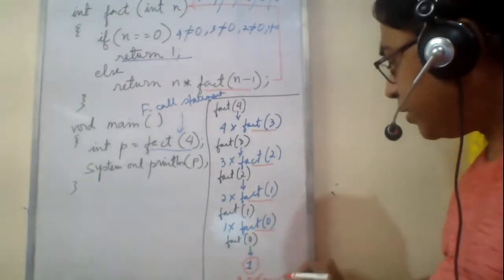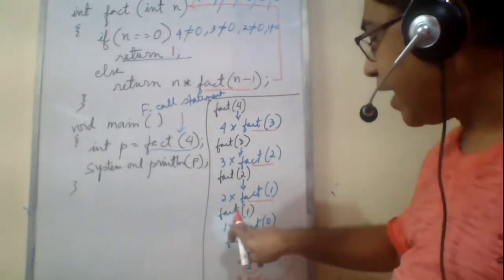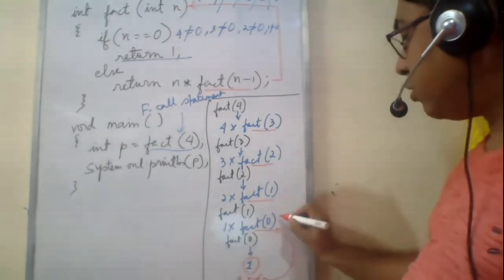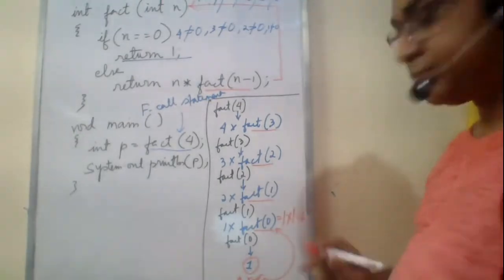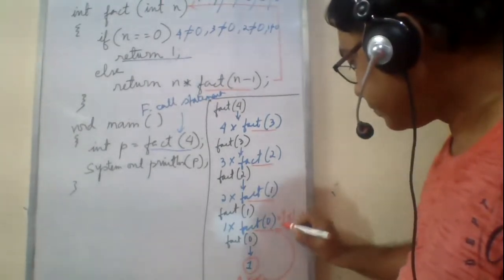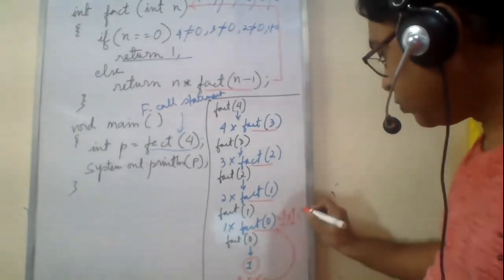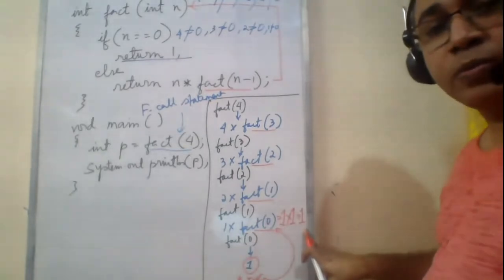This 1 will be returned to the function fact of 1, because fact of 1 has called fact of 0. So here we'll get 1 into 1. The value becomes 1.